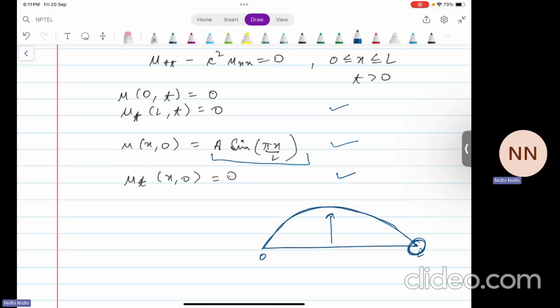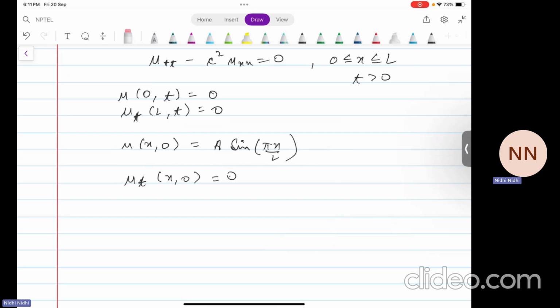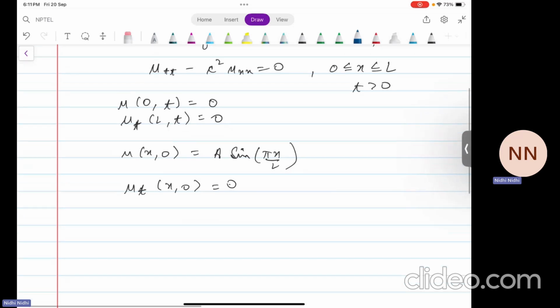The movement is 0 here also. But all those things are not necessary for us. All we need to do is solve it. So we'll be using the method of separation of variables to solve this problem. Let me mark it as equation 1.